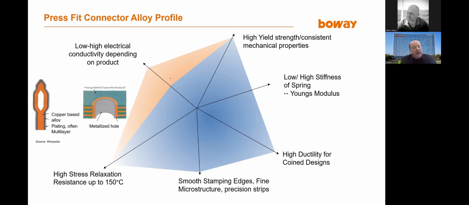And one aspect as well I would like to mention, don't use the hardest temper for these materials, because typically you need to have some kind of elasticity when pressing in. Another point, because you are contacting directly on the stamped edge, it is recommendable to have a material with a smooth stamping edge.